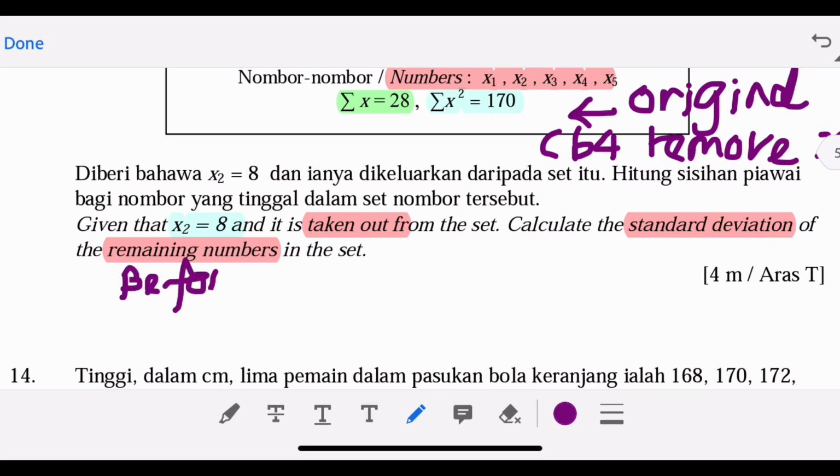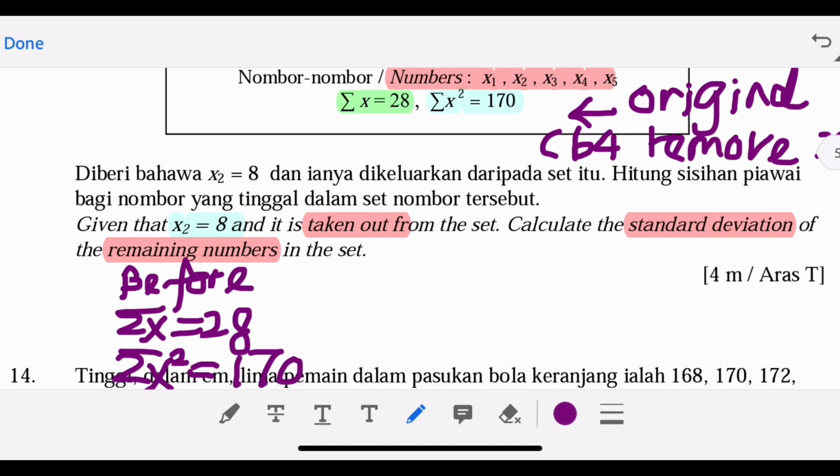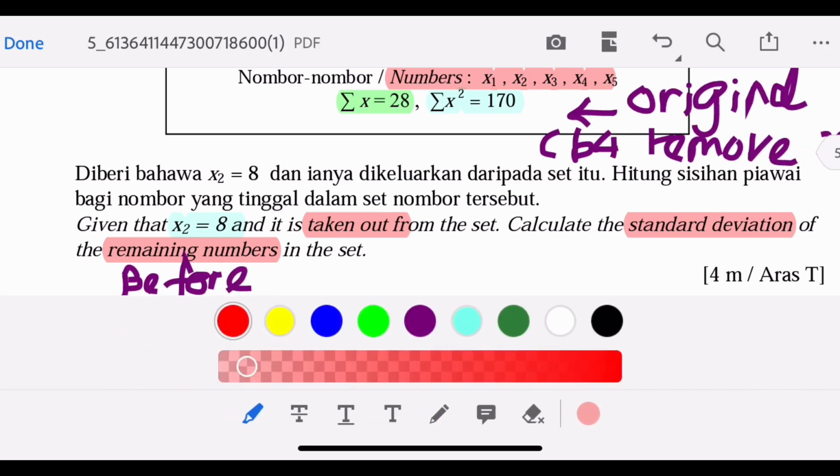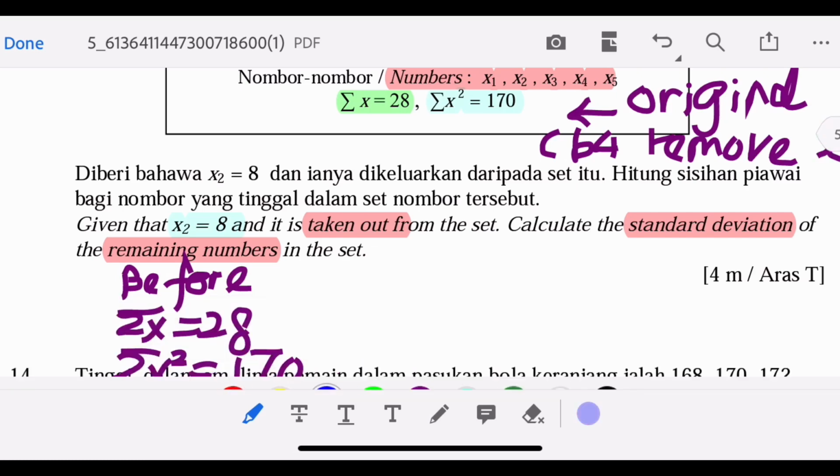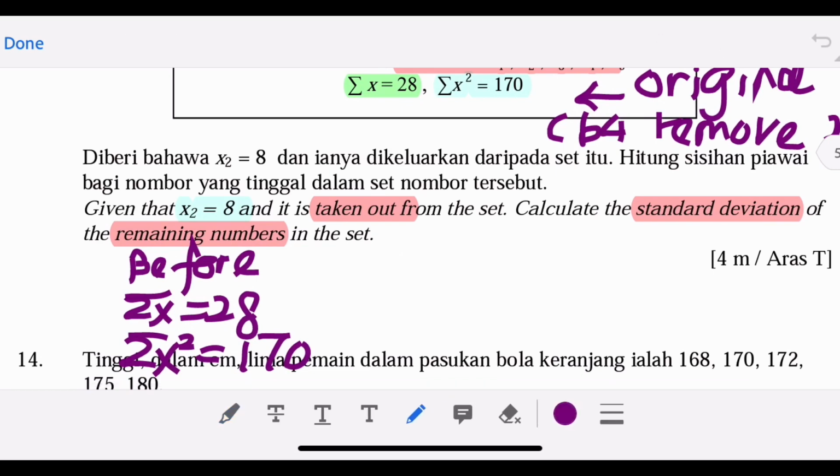In order to find the standard deviation for the new set of data after you remove the 8, you must take the sum of the data, which is 28, and the sum of data square, which is 170. You must minus out the 8 for the sum of the data, and for the data square you have to minus not just 8, you have to minus 8 square, understand?